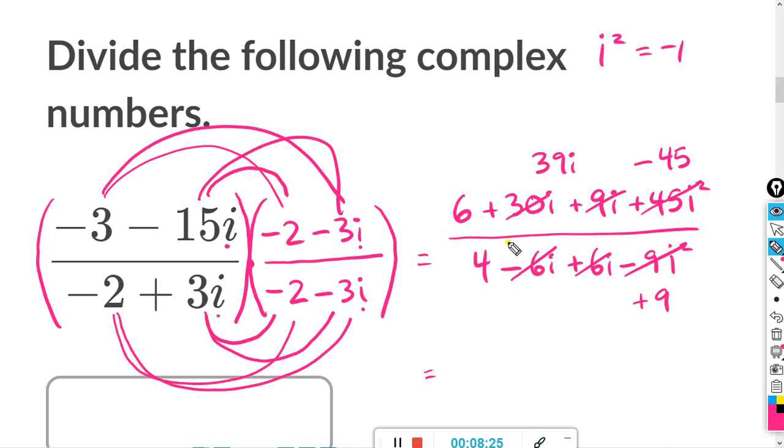All right. So in the numerator, 6 minus 45 is -39. And we still have +39i. Okay. And in the denominator, it's just 4 plus 9. That's 13.